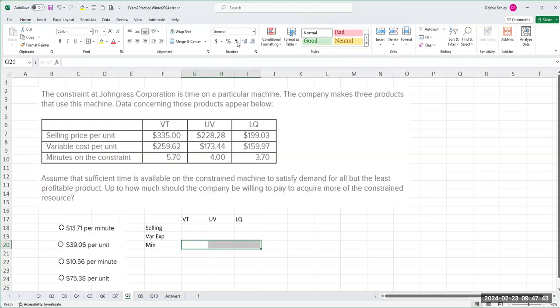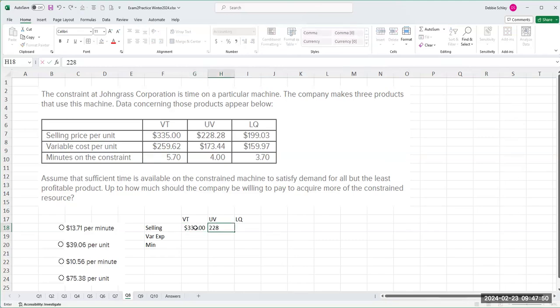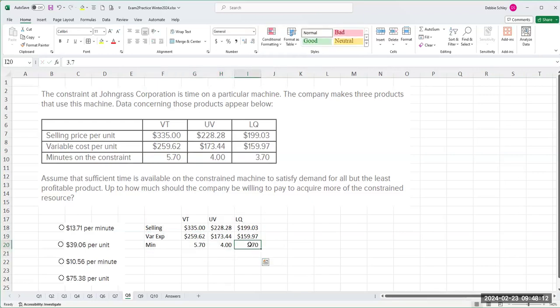These are going to be numbers. 335, 228.28, 199.03, 259.62, 173.44, 159.97, and then my minutes are 5.7, 4, and 3.7. So there's the information they gave me.